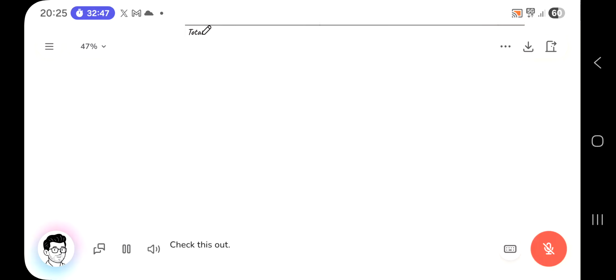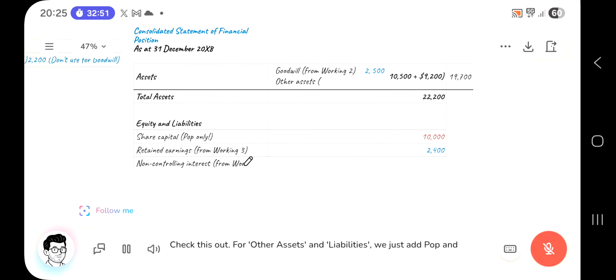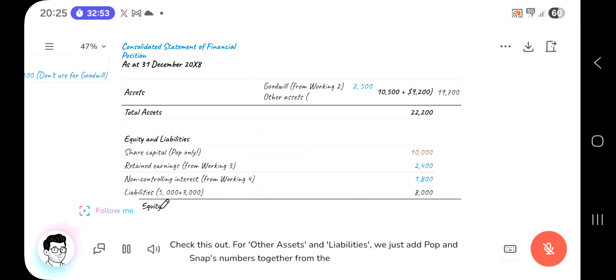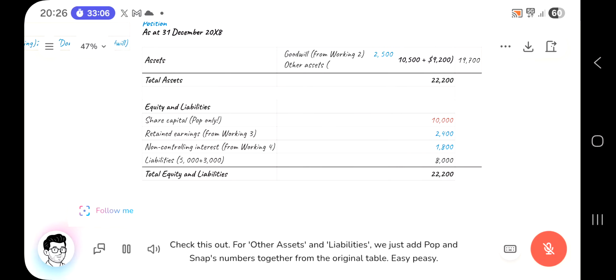Check this out. For other assets and liabilities, we just add Pop and Snap's numbers together from the original table. Easy peasy. The key parts are the ones we calculated. Goodwill, the new retained earnings, and the NCI. Also notice the share capital. We only use Pop's 10,000.